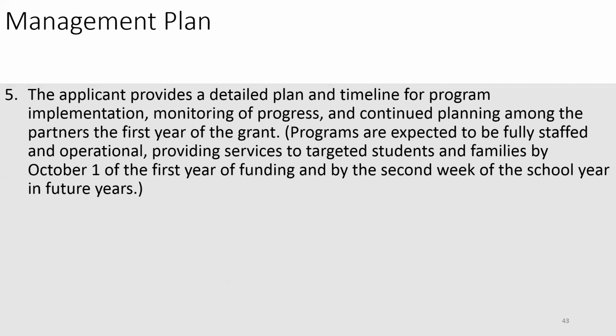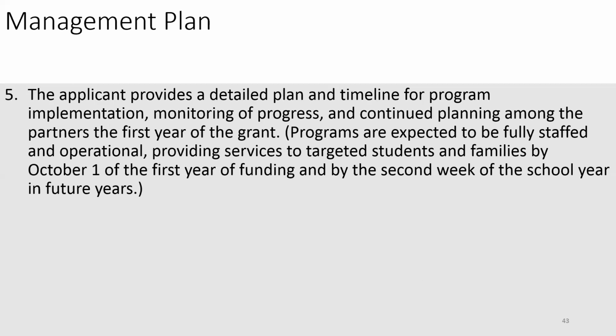This is an annual plan, and what we mean by a plan is that you'll identify key benchmarks for yourself in terms of hiring staff, recruiting students, recruiting staff, contracting with partners or providers in your community, securing space, all the things that are required for launch.